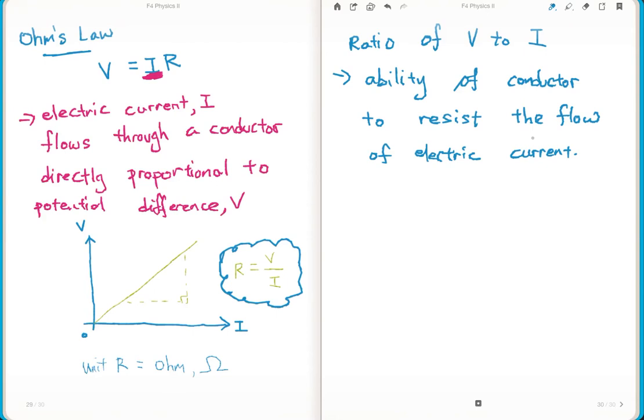So the mathematical way is a ratio between V and I. But one way to explain what resistance is, is the ability of a conductor to resist the flow of current.